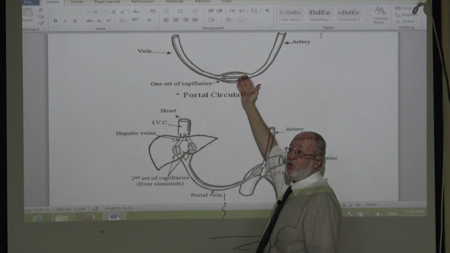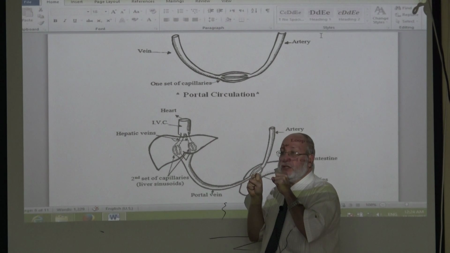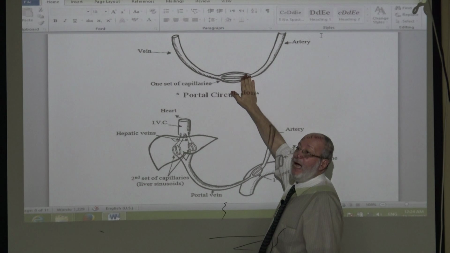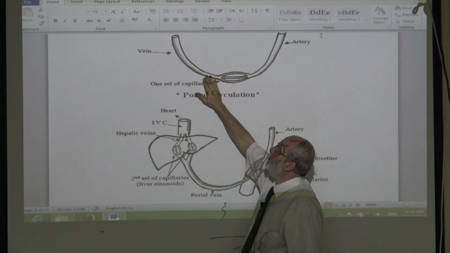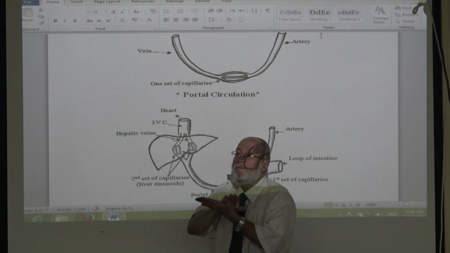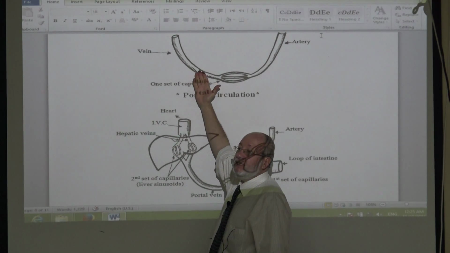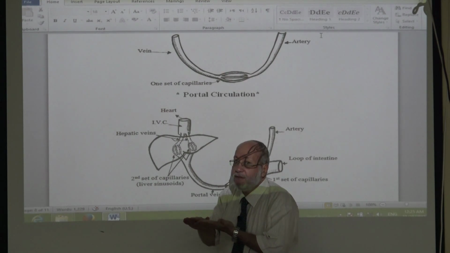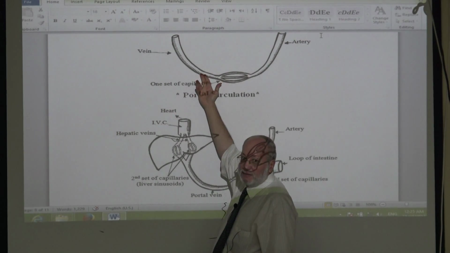In systemic circulation, when the arterial blood goes to the organ, it takes all oxygen and all nutrition from this blood, and the blood then becomes venous blood. Venous blood is deoxygenated completely, without nutrition. In systemic circulation, the blood is completely deoxygenated and deficient of any nutrition.